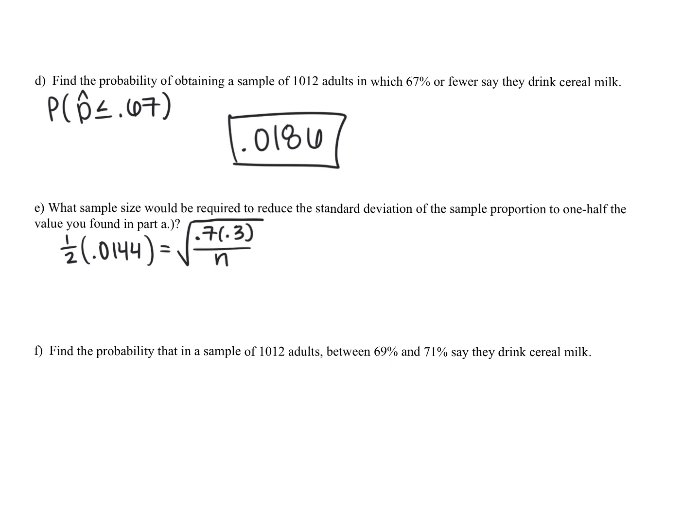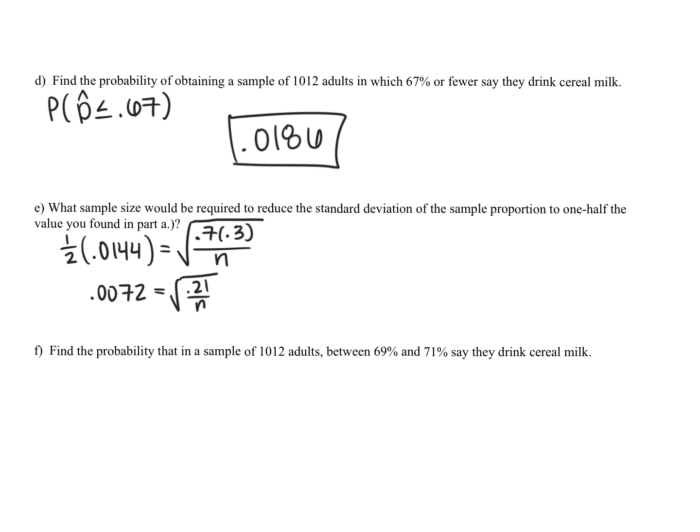So we're going to use 0.7 times 0.3 all over n and then underneath the square root. So we're basically just solving this equation for n. So 1/2 of 0.0144 is 0.0072. 0.7 times 0.3 is 0.21.